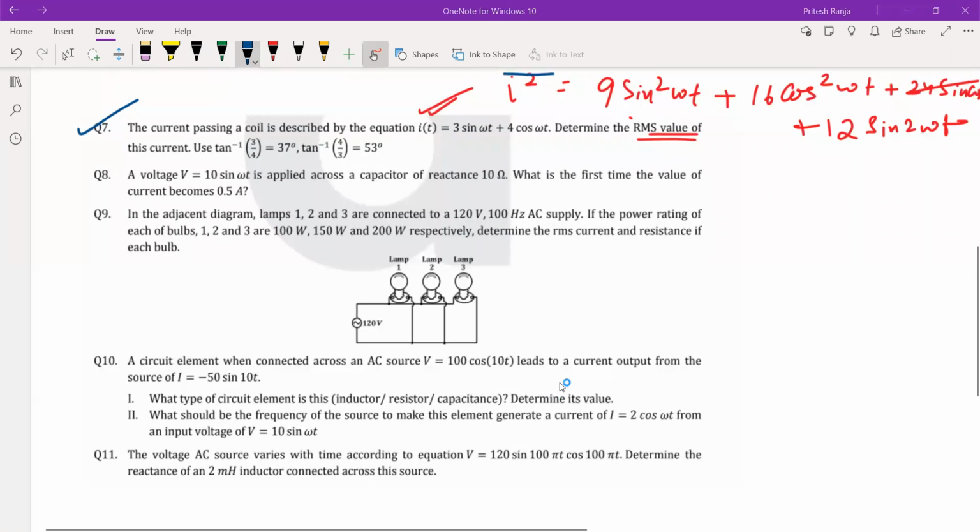Sir, am I audible clearly? Yeah, now you're audible. Yes, sir. We can divide both sides by 5. So in the RHS, we'll get 3 by 5 sin omega t plus 4 by 5 cos omega t. हाँ, वो भी कर सकते हैं, right.